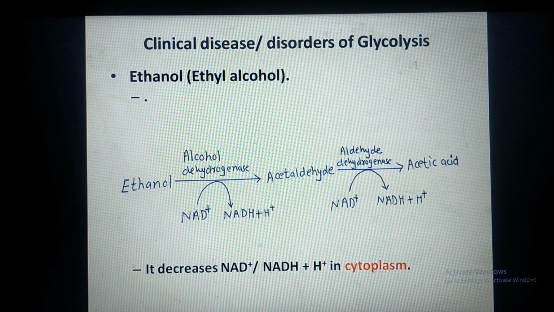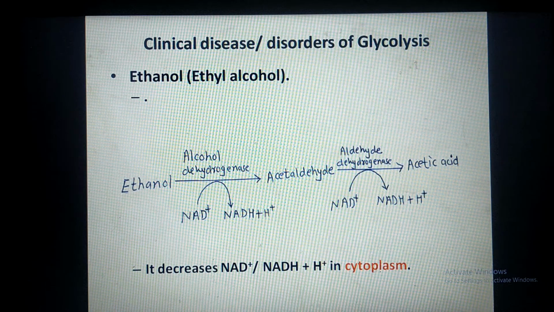Here you have to remember the ethanol is metabolized in the cytoplasmic compartment of the cell. Glycolysis is also taking place in the cytoplasmic compartment of the cell. So in that compartment, there is deficiency of NAD because NAD is reduced to NADH.